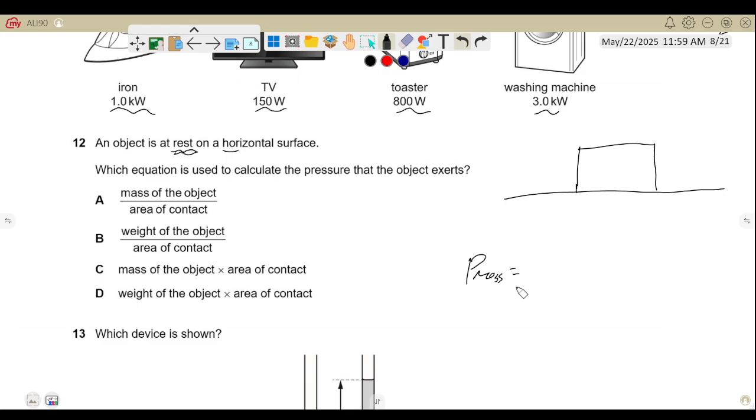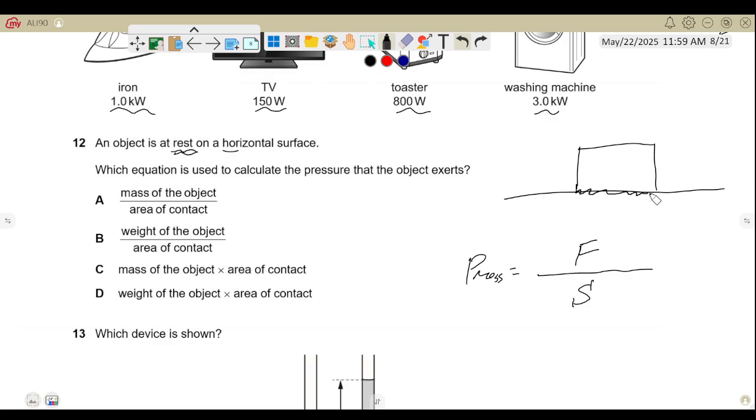as an equation is the force divided by area. That means we need to determine which area contains the contact between the two objects, and what is the force applied on that area.